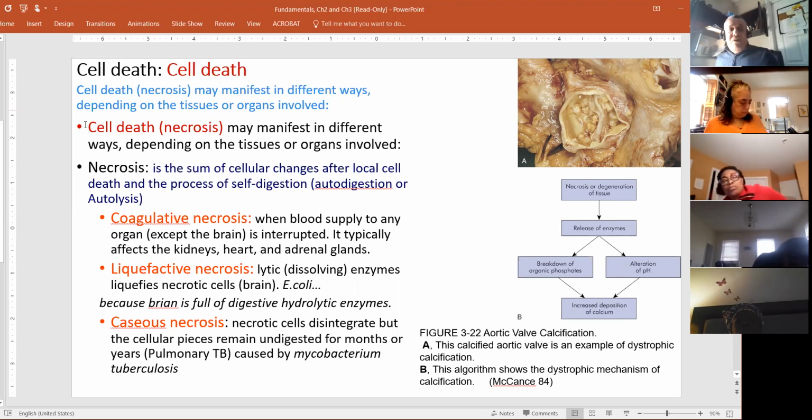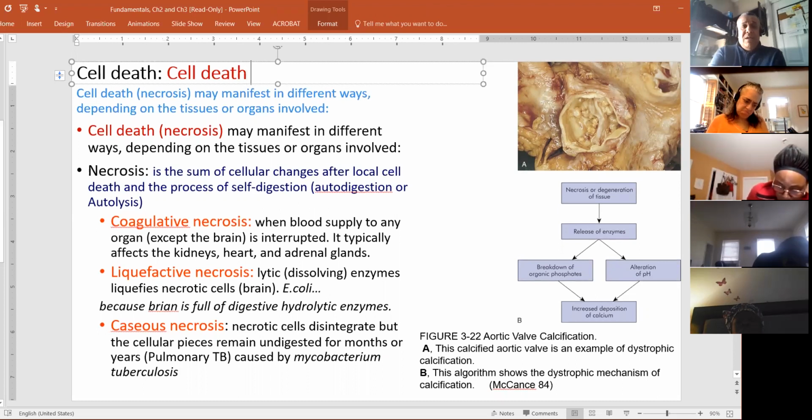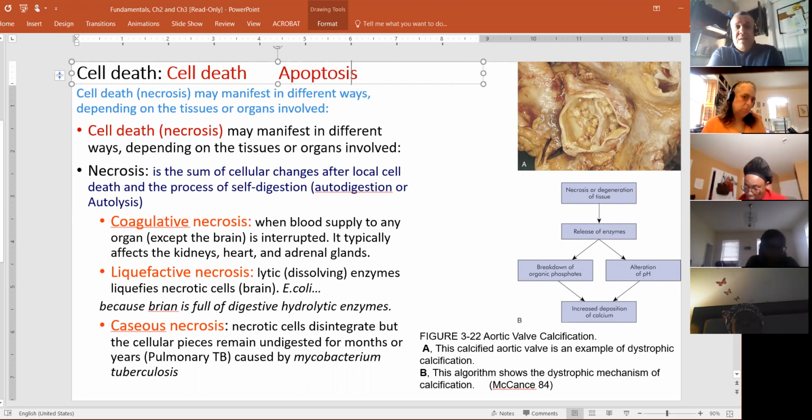So programmed cell death, that's the natural one. I'll write it here because I don't want to go back to the blackboard. It's called apoptosis. This is the natural programmed cell death.